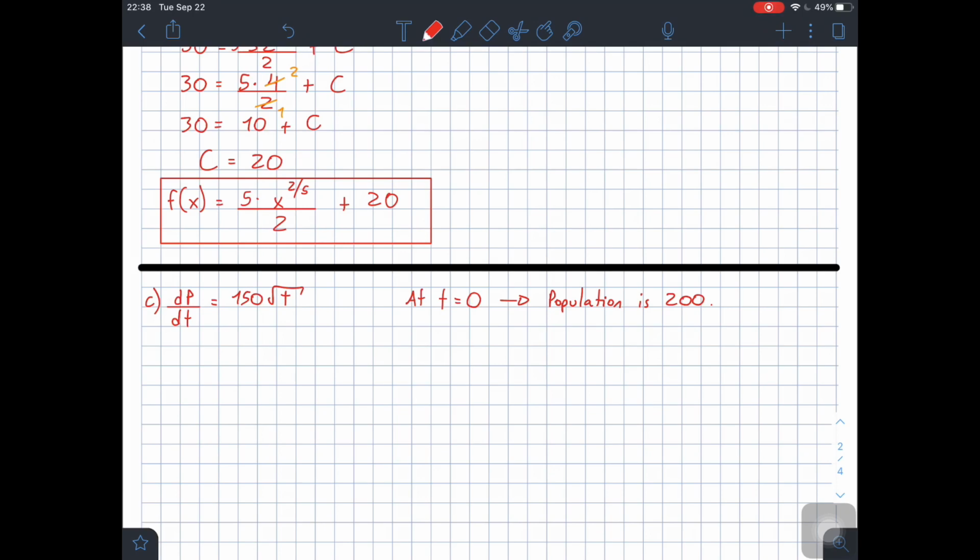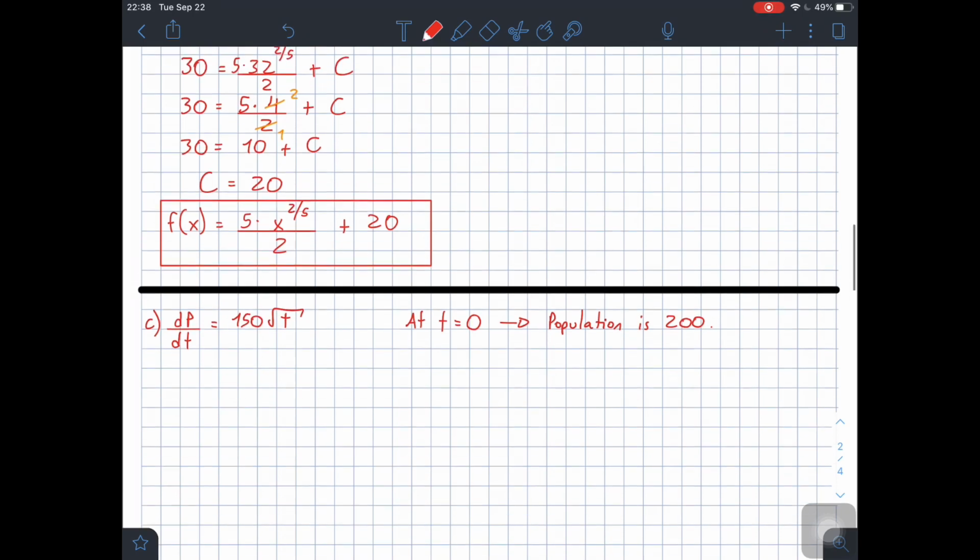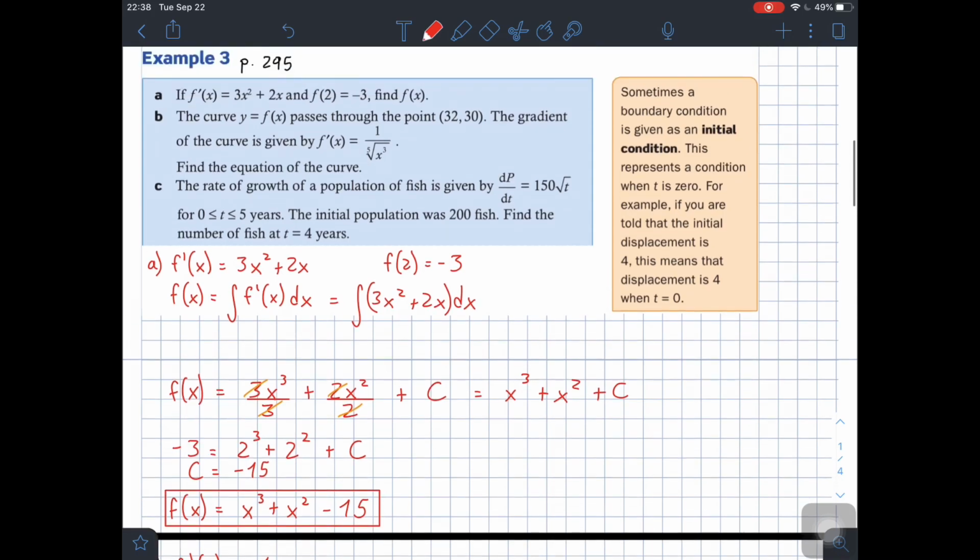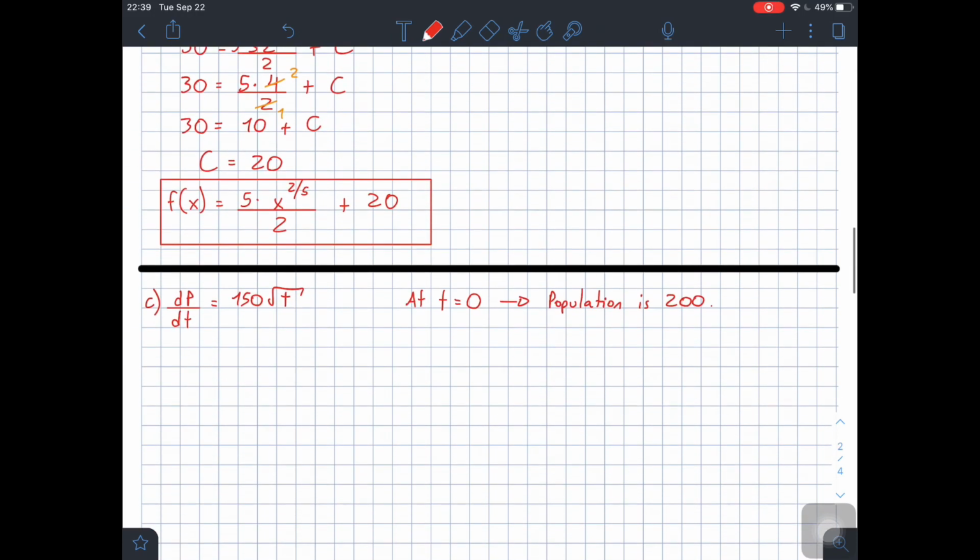So if I want to find the number of fish at t equals 4, I'm given the rate of growth of the population, which is this expression over here. But if I want to find the equation for the population, then I will have to integrate this expression with respect to time, right? So that's what I need to do.